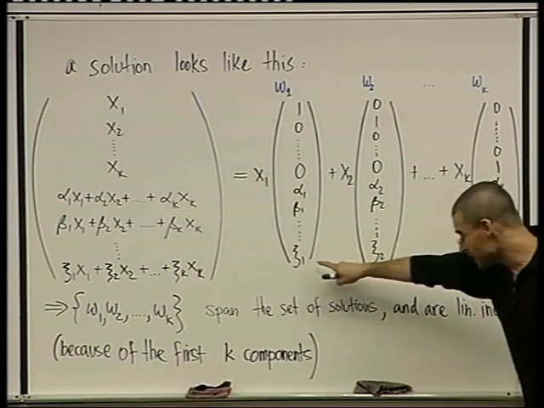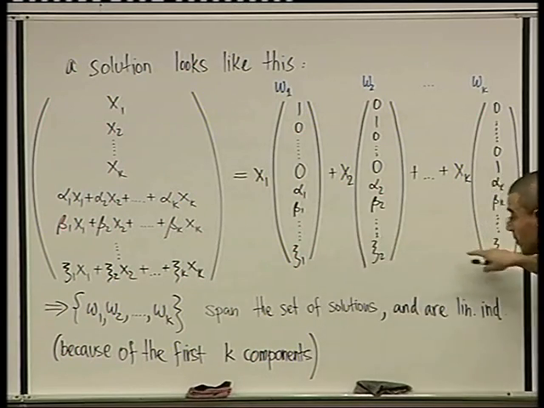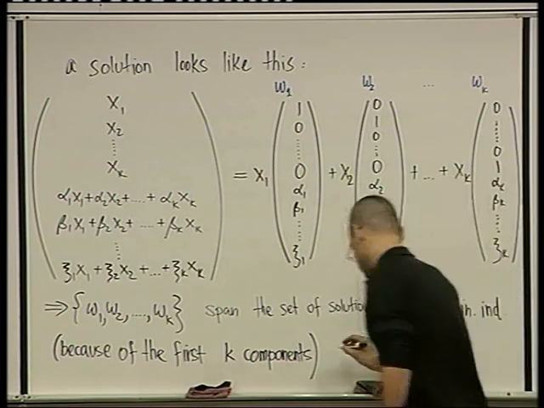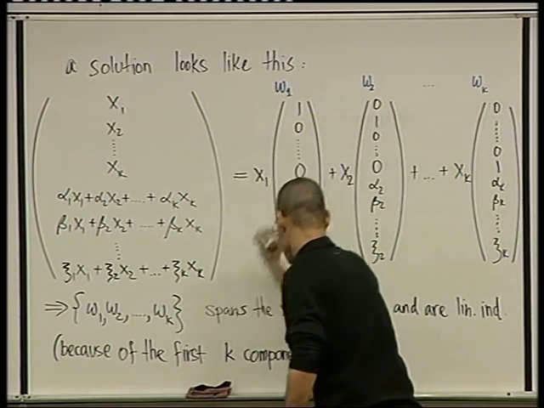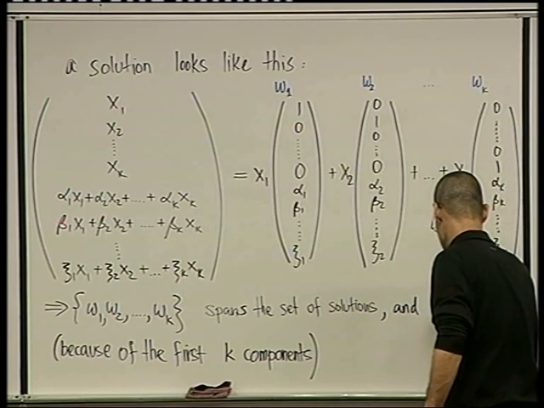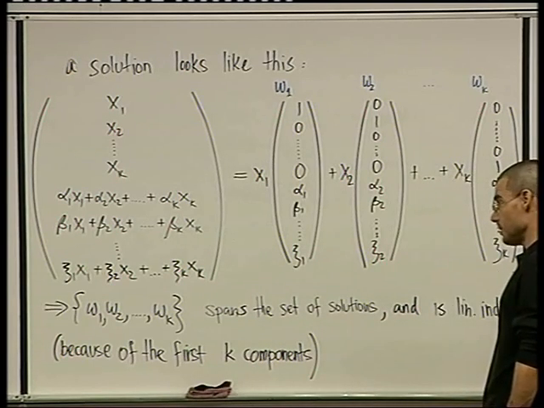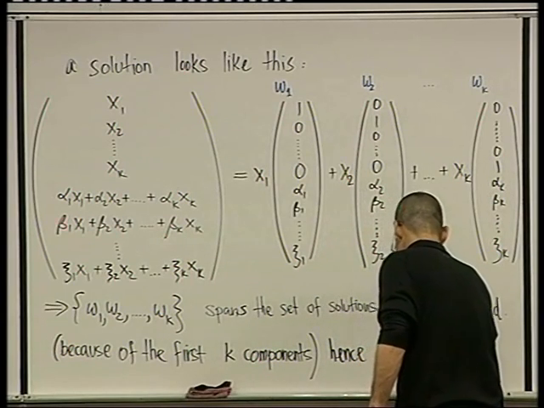So in fact, this is a basis. This is a basis for the set of solutions, right? So this set spans the set of solutions and is linearly independent, hence a basis.